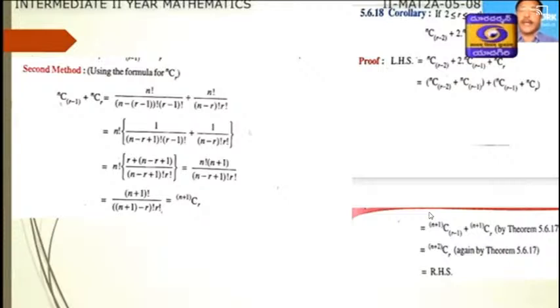So this is the second method we just proved. The application of this formula is here. We have an example. You can see this example.